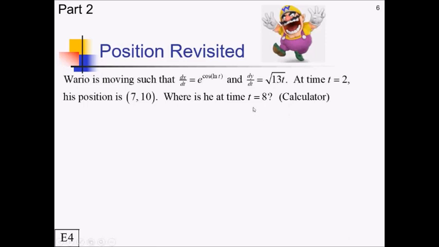So you've done all this kind of stuff before on a single axis. You had that particle moving on the x-axis, you had an initial value, you had the derivative of x, and we just needed to use the fundamental theorem to find the new value. Well, we're just going to use FTC here for x and y individually. So for example, to find the new x value, x of 8, that's going to be your initial x value of 7, plus we need an integral.